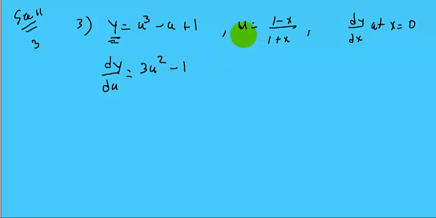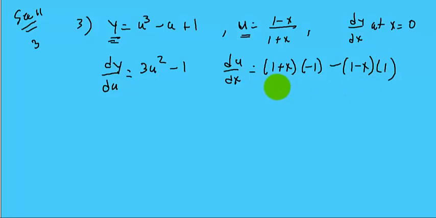When I take the derivative of this, I'm finding du dx, because x is my variable. But I still have to use the quotient rule. So denominator, which is 1 plus x, times the derivative of the numerator, which is negative 1, minus numerator, which is 1 minus x, times the derivative of the denominator, which is 1, all that over denominator squared.